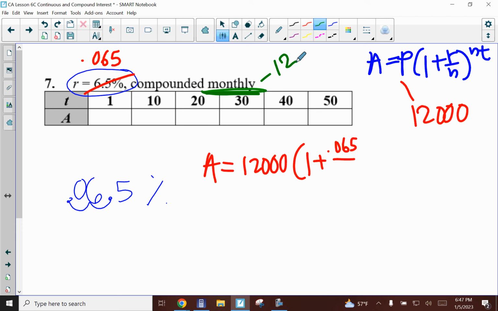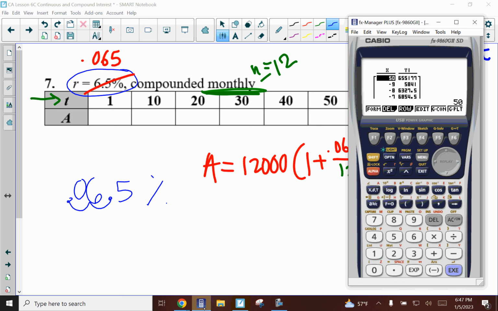So N equals 12. If you notice, the formula has the N in 2 places, so both of them are going to be 12s. And then T is the variable that's changing. We're going to put it as an X because our calculator will not understand a T.